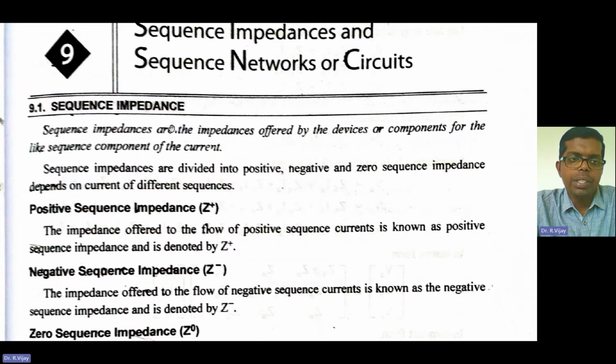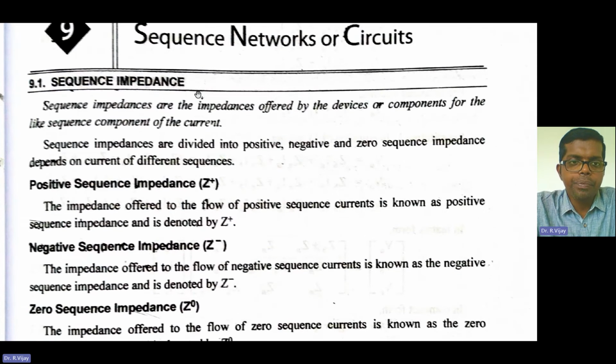Now, we need to see the sequence impedance because it is useful in fault analysis, where we are converting the phase currents into sequence currents, positive, negative, and zero sequence. Similarly, we are converting the normal impedance into positive sequence impedance, negative sequence impedance, and zero sequence impedance.